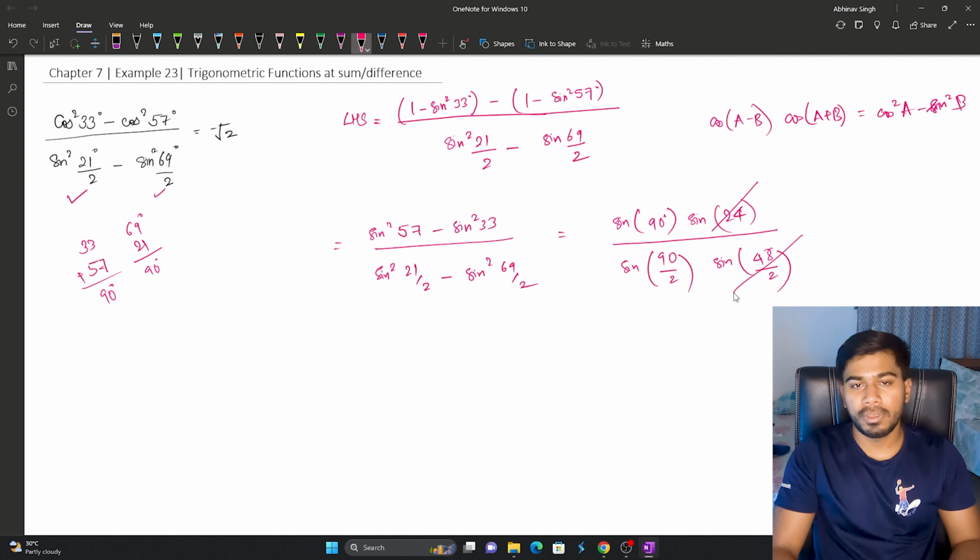So sin 24 got cancelled from numerator and denominator, and what we are left with is sin 90 degree upon sin 45 degree. And yes, this will be a minus because it's 21 by 2 minus 69 by 2. So we have a minus out here. So this turns out to be sin 90 degree is 1 and minus sin 45 is minus 1 by root 2, and this becomes minus root 2, and that's your answer.